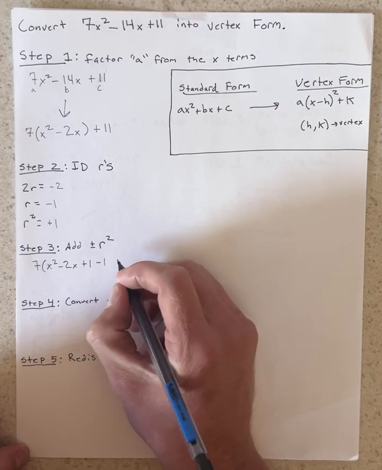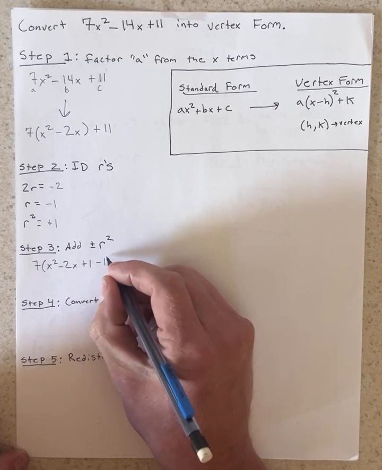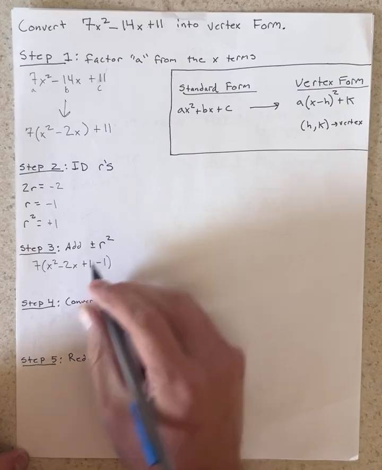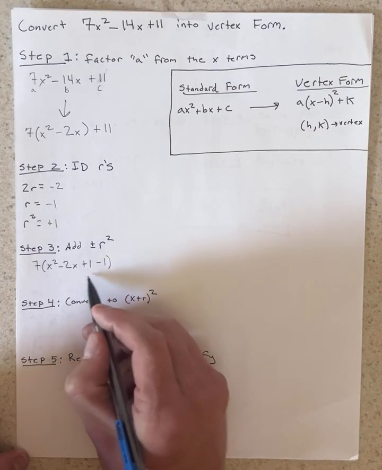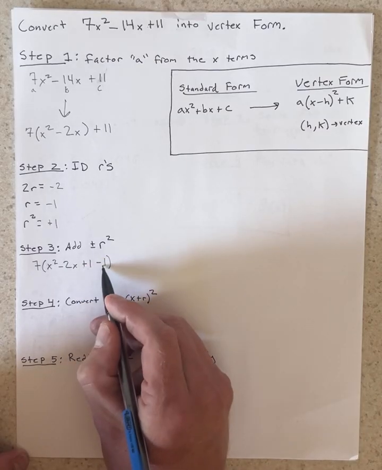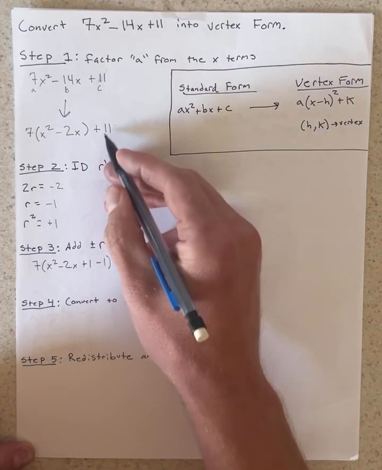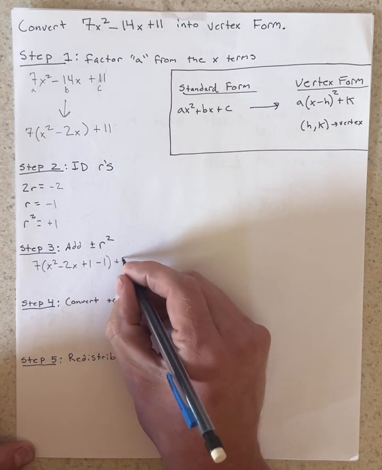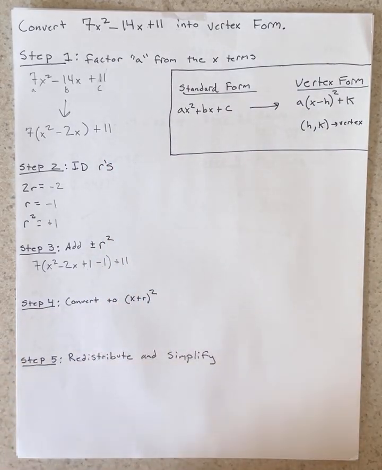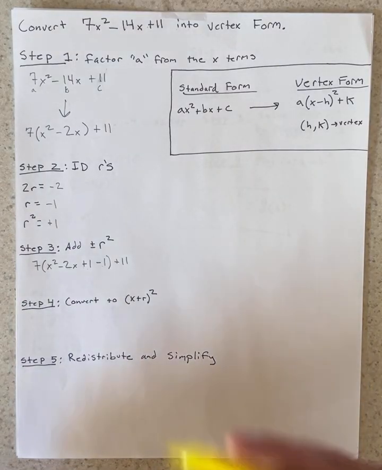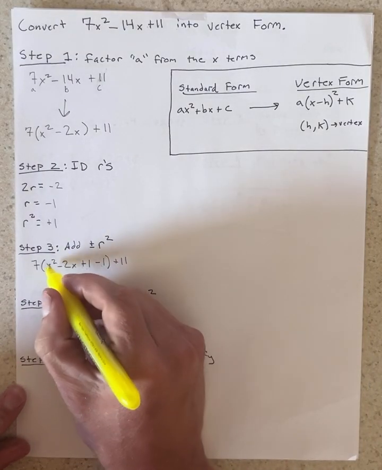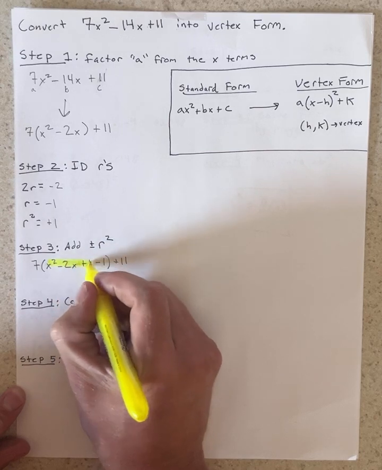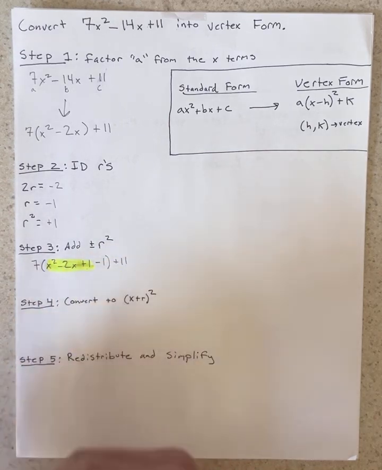And when I do this, I am not changing the expression. I'm only adding a fancy 0 in a sense, which is this plus 1 minus 1. And again, this 11 is going to come down to the outside. So once we've done that, we've created a perfect square, which we can convert into x plus r squared form. And this part of the expression is the perfect square part, which is what we're going to be converting.